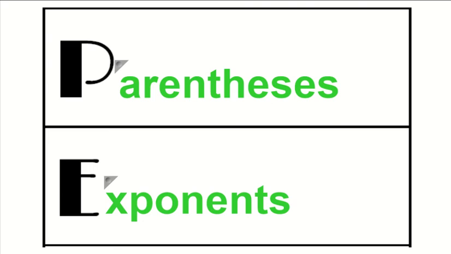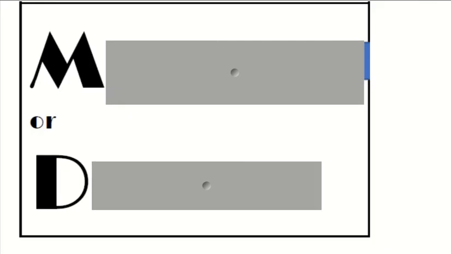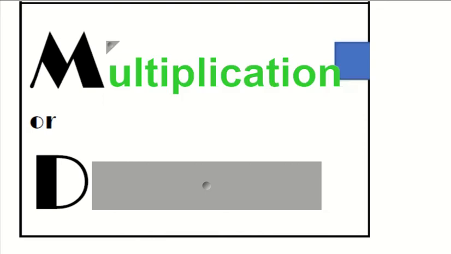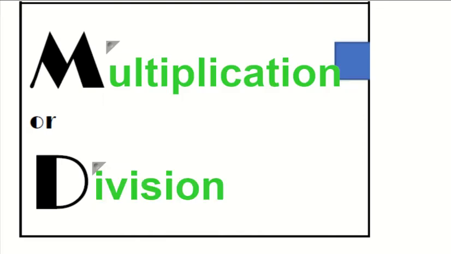All right, the next part is where people sometimes make a mistake. What's the M? And the D? So we got multiplication and division. Where people make a mistake is they think multiplication has to get done first because it's PEMDAS, M comes before D. But that's not how that works, okay?